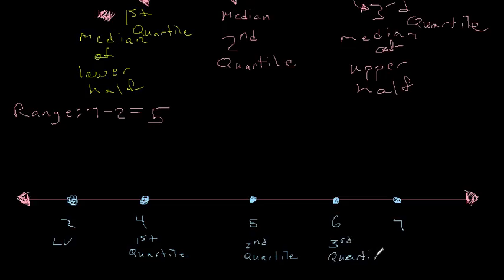And the 7 was the largest value, or let's call it GV for greatest value. That G's not coming out the way I wanted, so we'll redo it real quick. There, that's a little bit better. Cool.